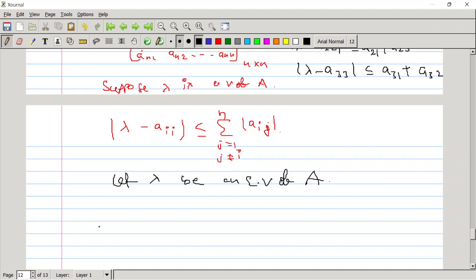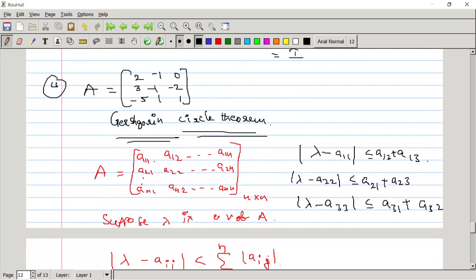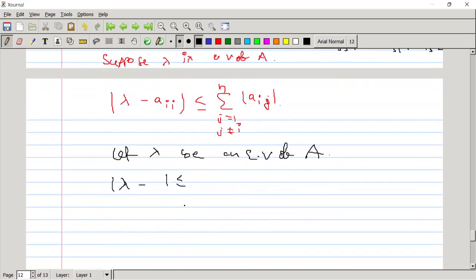So by that we can say lambda minus the diagonal element in the first row, which is nothing but 2, has to be less than or equal to the sum of the remaining elements under modulus.